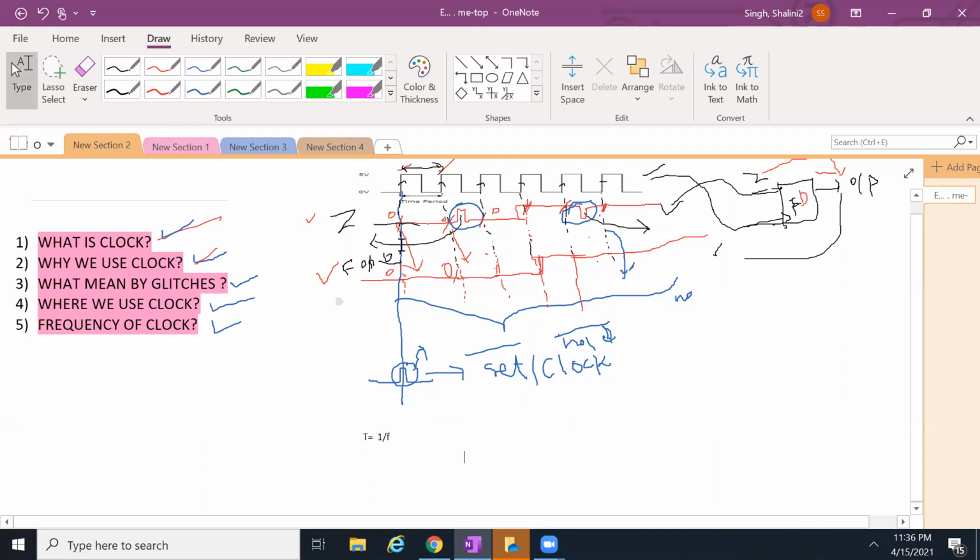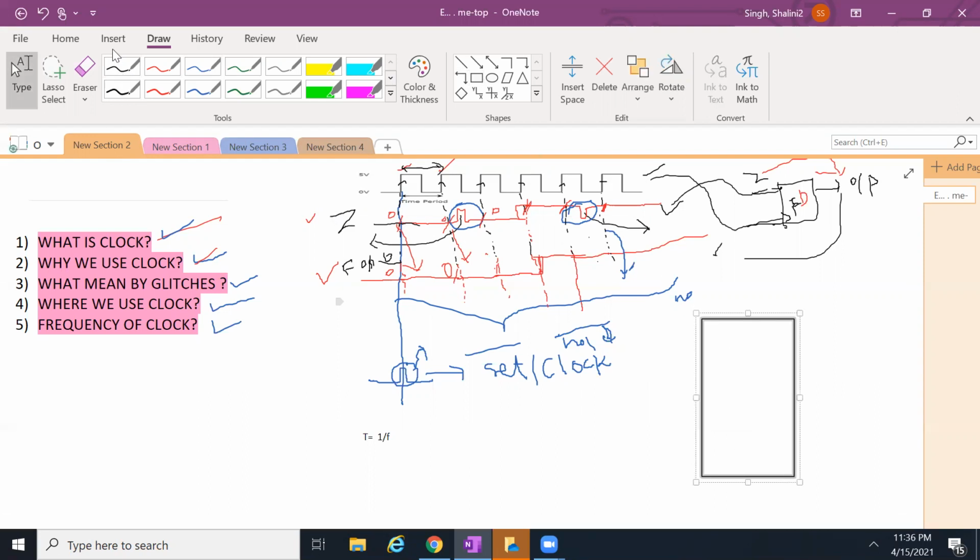So in every hardware circuit, if we talk about the frequency, suppose this is my circuit, and here we are giving the clock to this circuit. Okay, so if we want to change its frequency, simply change the time period and you will get a different frequency.